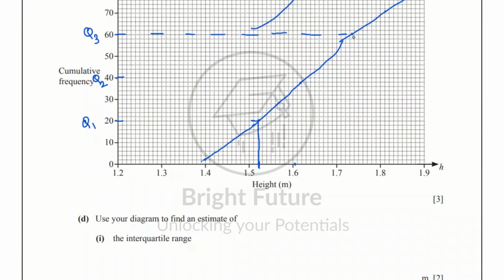The diagram is not proper, so our numbers might go up and down.